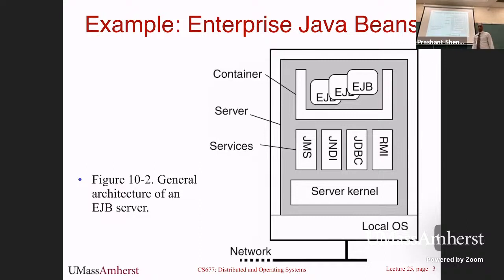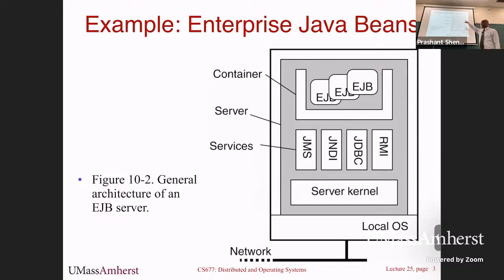Then there's something called JDBC. That's essentially the Java module that allows you to connect to databases. So that's essentially your Java database connector. Then there is JMS, which is our messaging service. Then there is JNDI, and I haven't forgotten what that means. But those are all services.